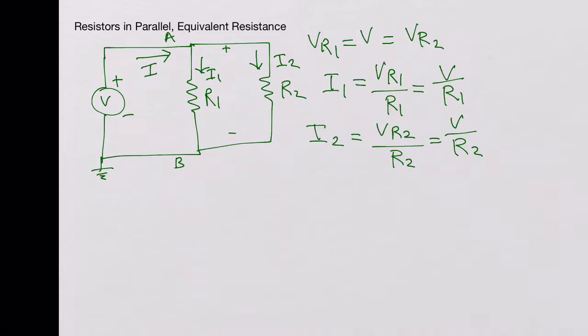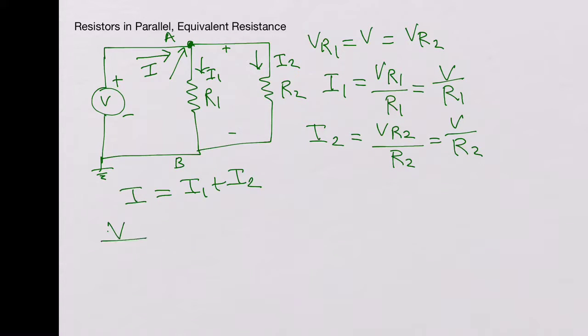Now if we apply Kirchhoff's current law at this node A, the current going in, I, would be equal to I1 plus I2. Now I is V over R equivalent, the equivalent resistance seen between these two points, which would be equal to V over R1 plus V over R2.